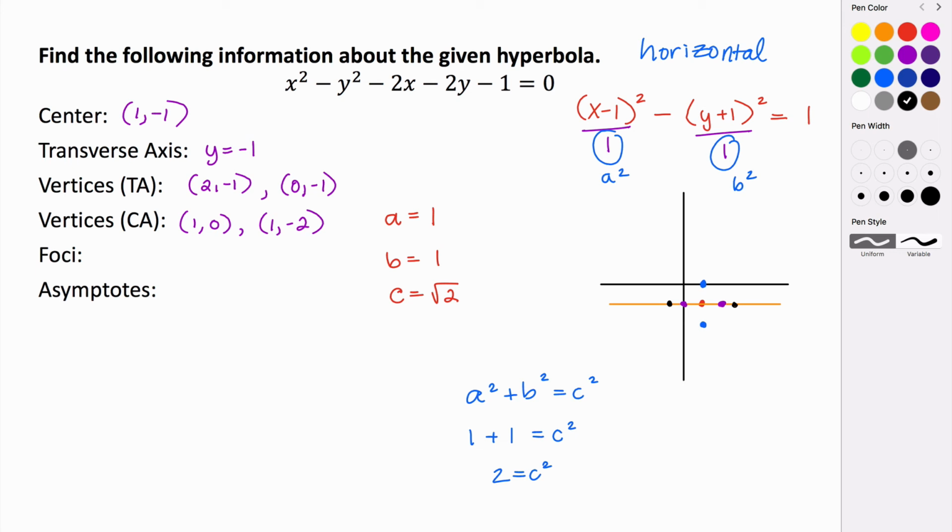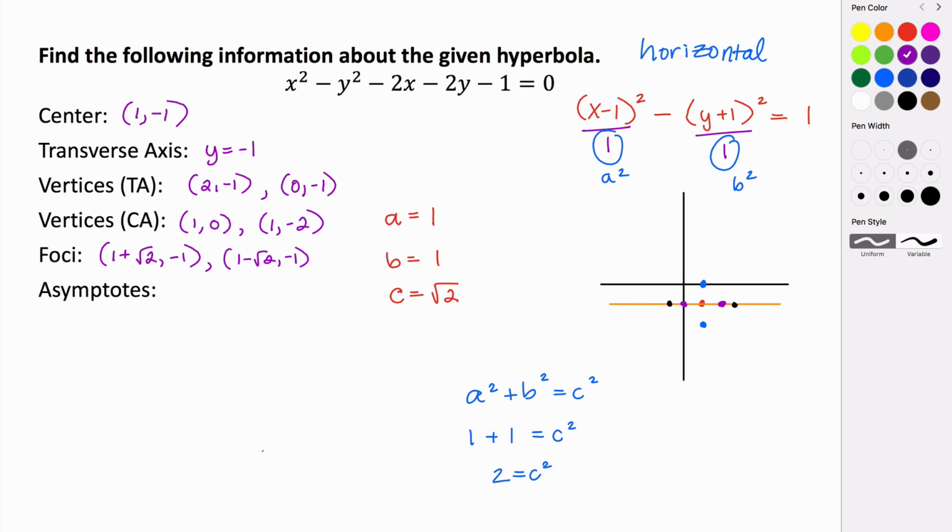Really we're taking the x coordinate and adding, sorry, not 1, we're adding the square root of 2, the value of c. So it's 1 plus the square root of 2, and my y coordinate stays the same because we didn't change y at all. Then if I subtract the square root of 2 from my x coordinate, 1 minus the square root of 2, that's going to give us our 2 foci.